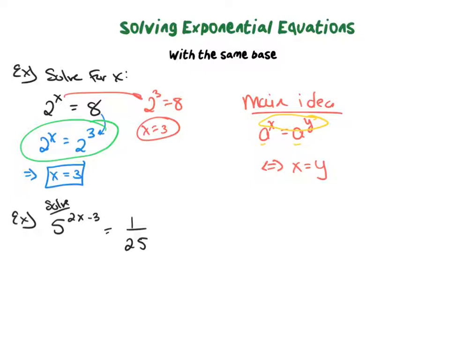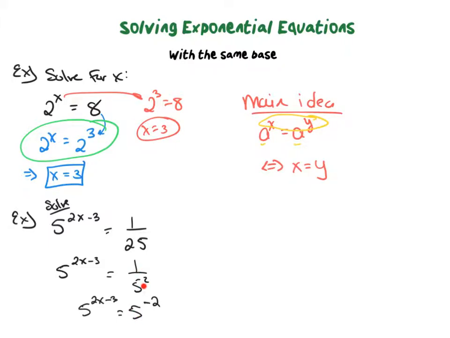And of course we can. We can write this as 5 to the 2x minus 3 equals 1 over 5 squared. Now remember, 1 over 5 squared is the same as 5 to the negative 2. So I can now write both sides with a base of 5.